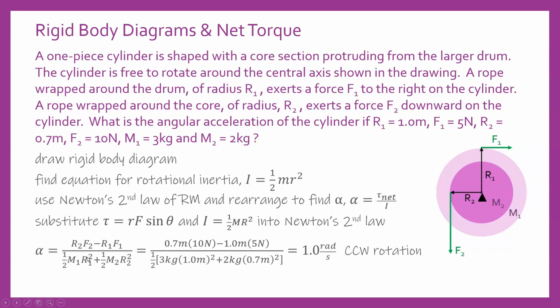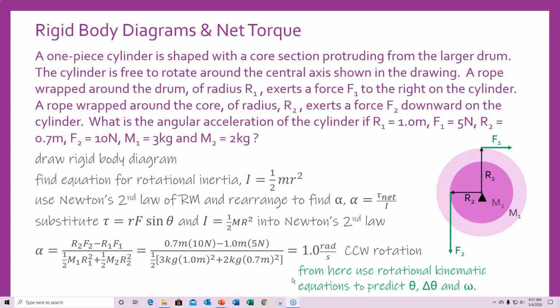Notice here that the solid cylinder has two different diameters, so we're going to add the rotational inertia for the larger diameter to the rotational inertia for the smaller core. We plug in our numbers, and we find that the angular acceleration is 1 radian per second squared, causing counterclockwise rotation. From here, we can use the rotational kinematic equations to predict the different rotational quantities.